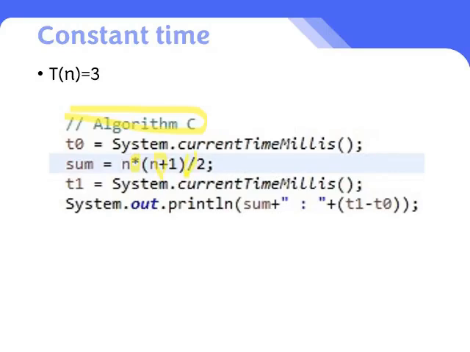This has nothing to do with the size of n. Whether n is 100 or a million, it's still one addition, one multiplication, and one division. Those three operations never change. So, regardless of the value of n, the number of executions is fixed. We call this constant time.